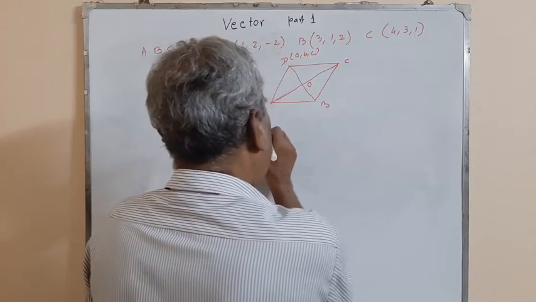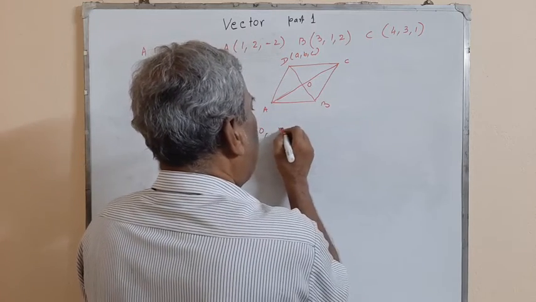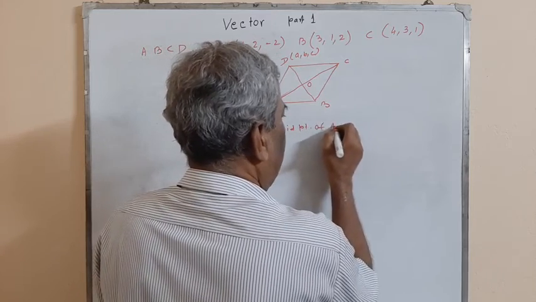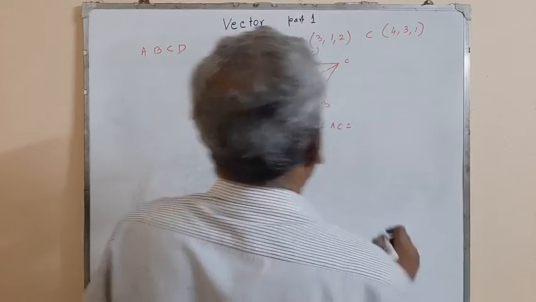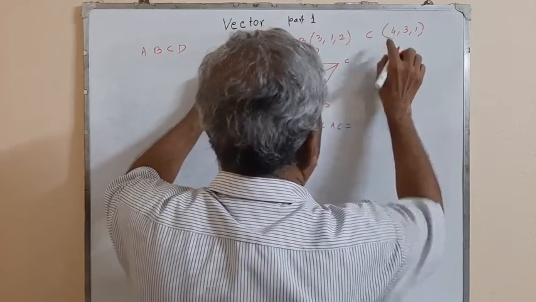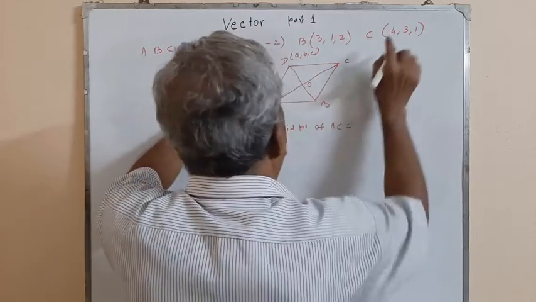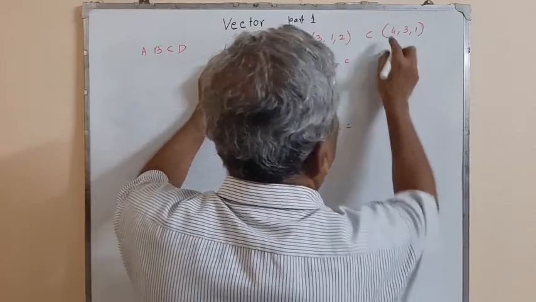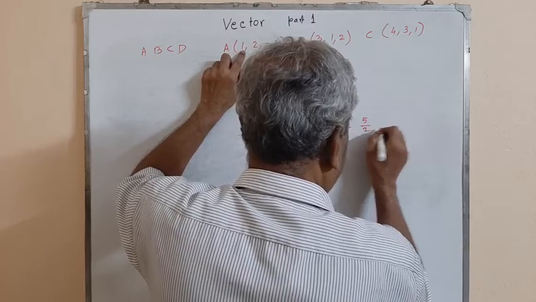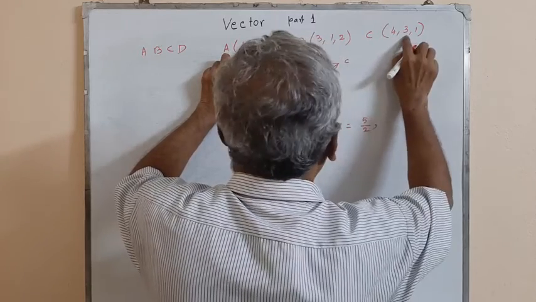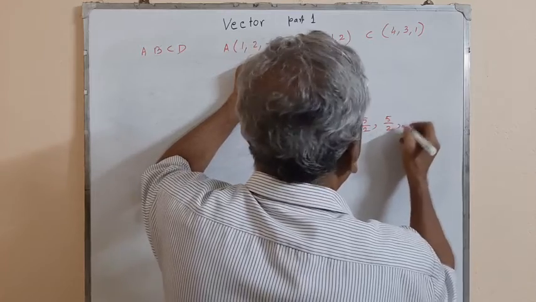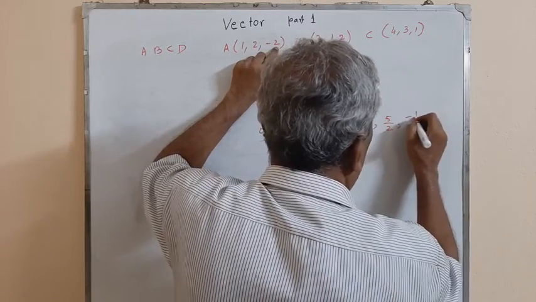So O, the midpoint of AC, is the midpoint of A and C, so its position vector will be 1 plus 4 by 2, that is 5 by 2, comma 2 plus 3 by 2, 5 by 2, comma minus 2 plus 1 by 2, that is minus 1 by 2.